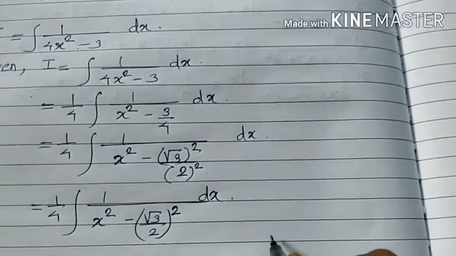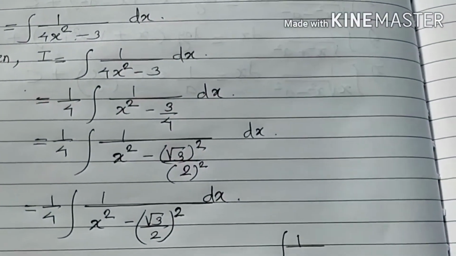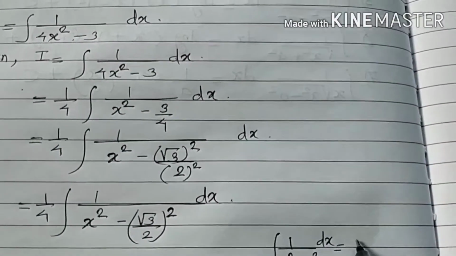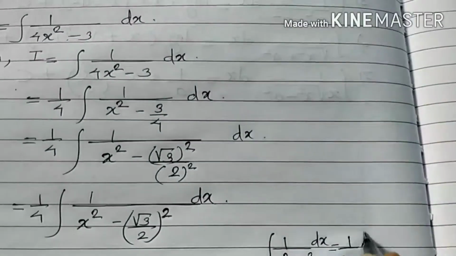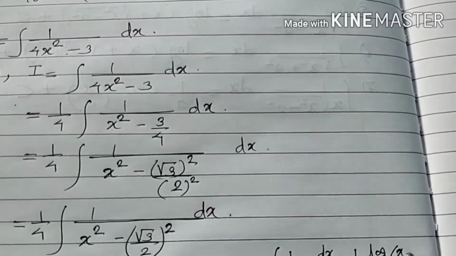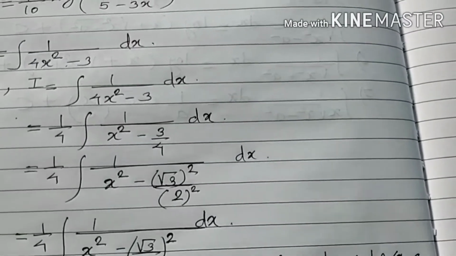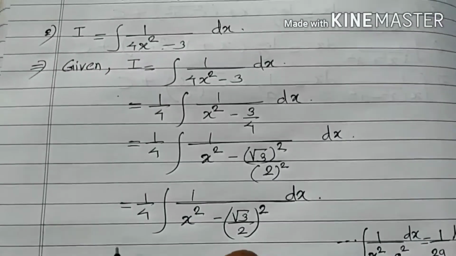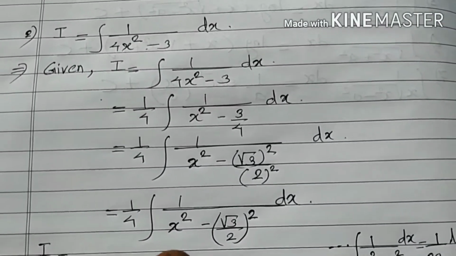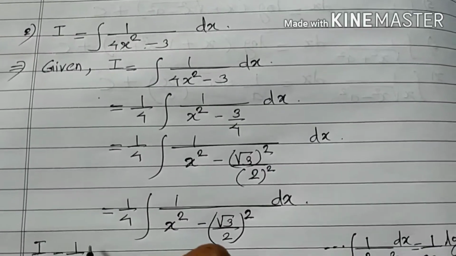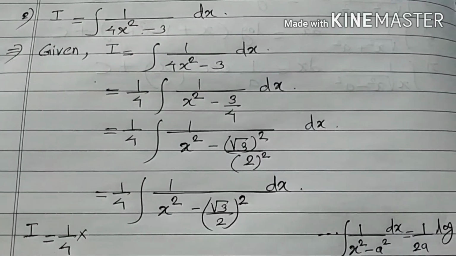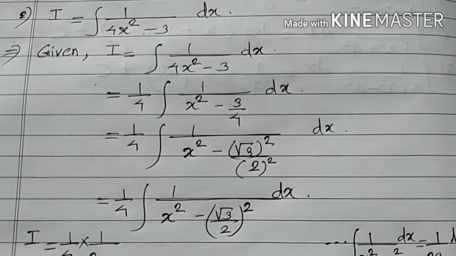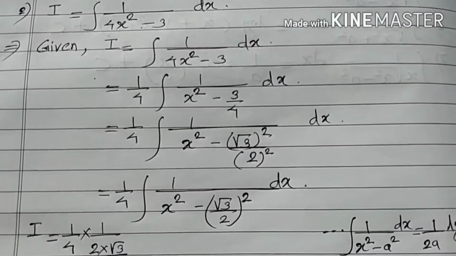Now there is the formula for integration of 1 upon x square minus a square dx, which is equal to 1 upon 2a log x minus a upon x plus a plus c. So using this formula, we get our answer: I is equal to 1 upon 4 into 1 upon 2a. Here a is root 3 upon 2. So 1 upon 2a means root 3 upon 2.